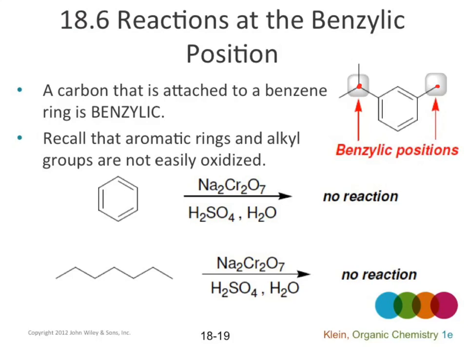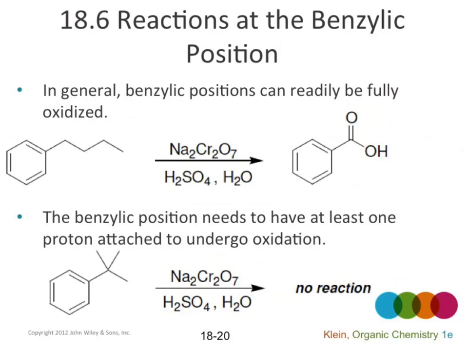So if we take just standard benzene, or even just a standard alkane, so we separate the two functional groups away from each other, and we react them with an oxidizing agent, and in particular a strong oxidizing agent, nothing happens. But if we combine those two functional groups into one piece, we do see some chemistry at that benzylic position. Okay? So in this case, we put the two together, and we run the reaction, and what happens?